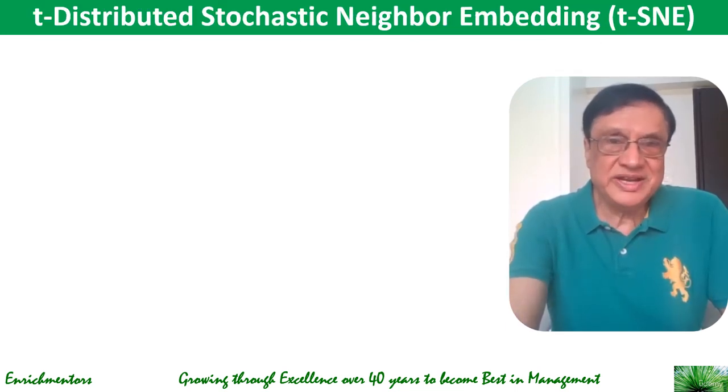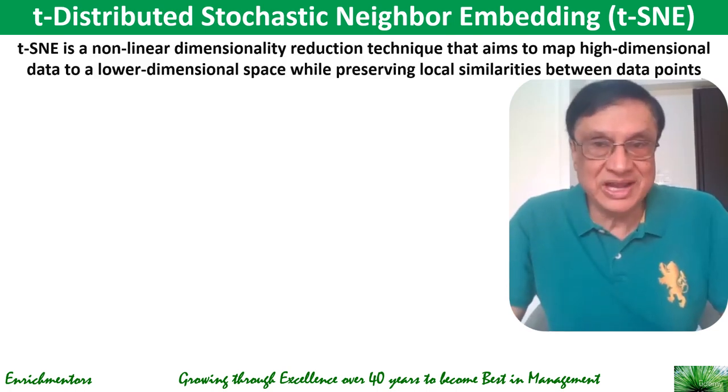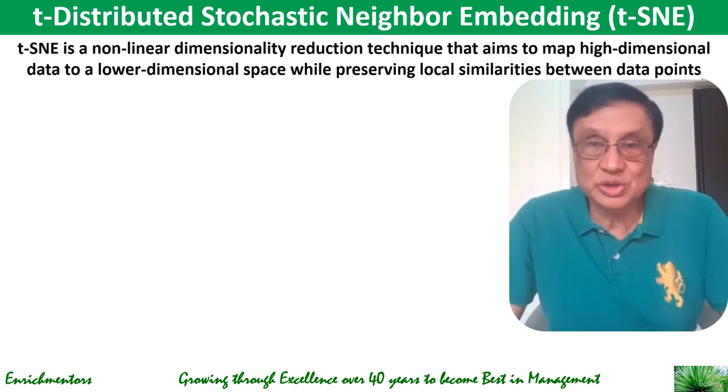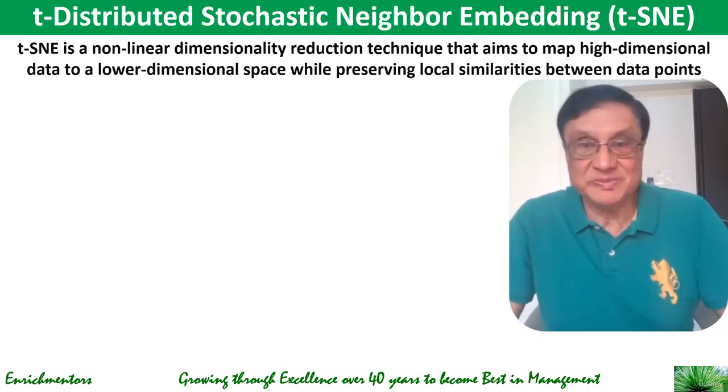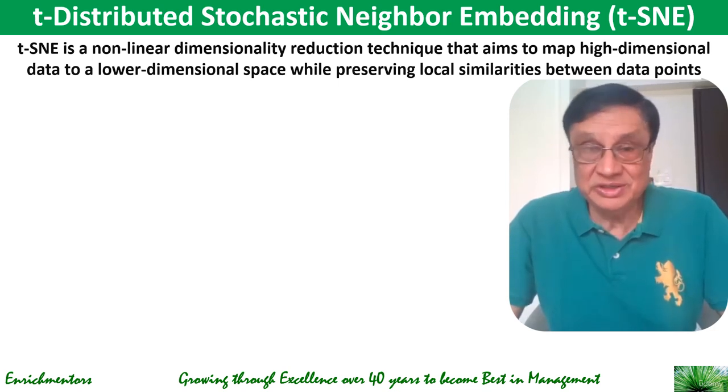Similarly, let's look at T-distributed stochastic neighbor embedding, TSNE. It's a non-linear dimensionality reduction, whereas PCA was a linear dimensionality reduction technique. This also helps you map high dimensional data to lower dimensional space, and it preserves the local similarities between the data points.